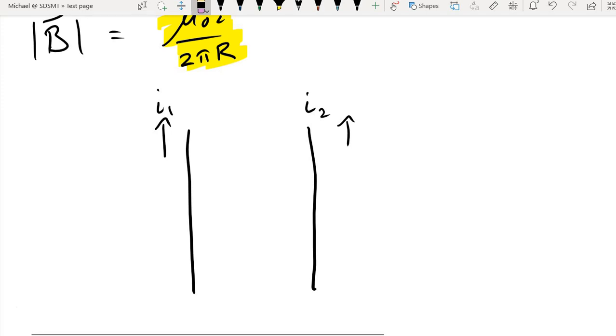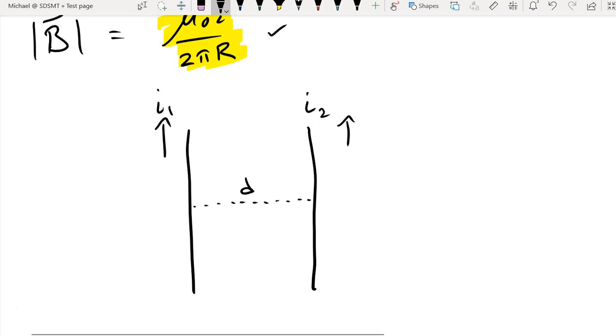So the first thing we need to do is figure out when wire 1 produces its field magnitude, where is it going to interact with wire 2, and that's pretty standard.